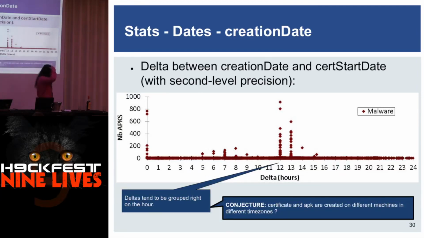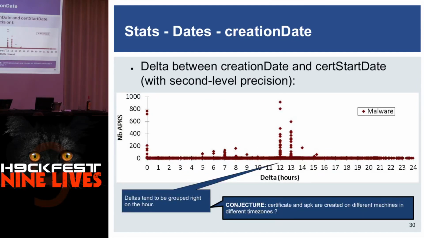would be that the certificate is created on a machine, and then the code and the certificate are shipped to another machine, like package your malware as a service, and then the APK is created there, and the other machine will be on a different time zone.